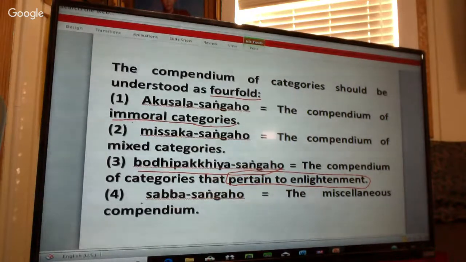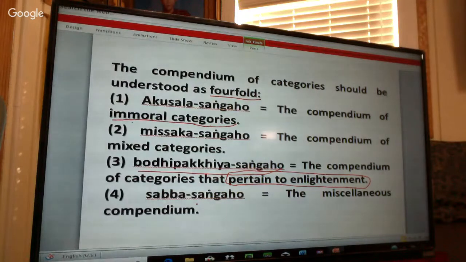And then number 4, the last category, is Sabba Sangaha. Sabba Sangaha is the miscellaneous compendium. Sabba is all. It looks similar to Missaka. Missaka and Sabba, what is the difference? Missaka is a mix, but maybe not all.